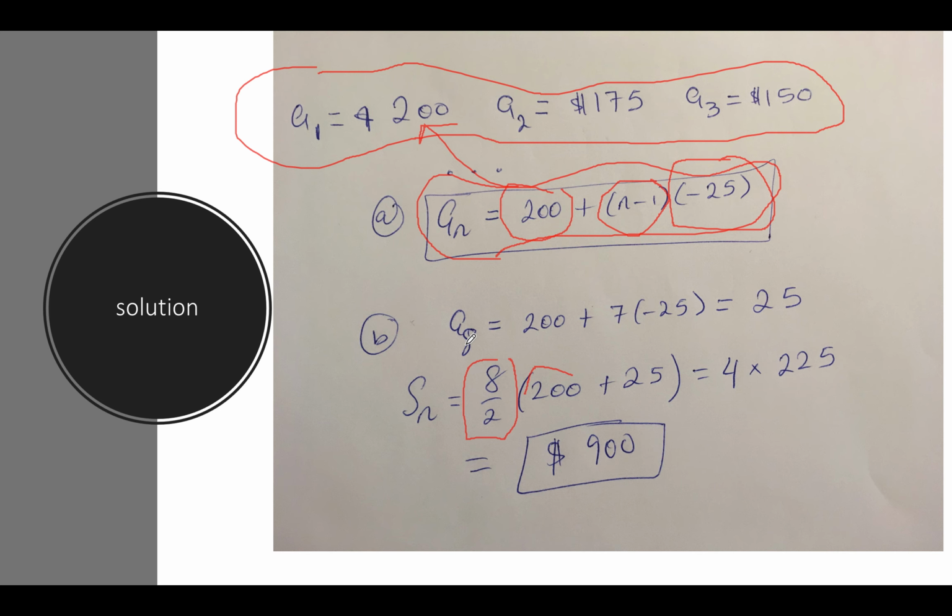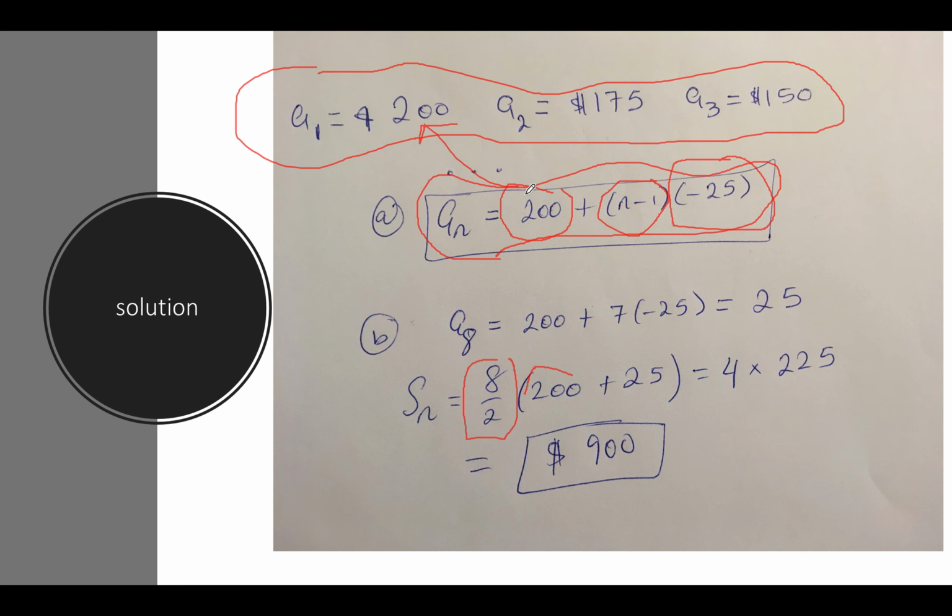The way I knew this is I went down by 25 each time from 200 to 175, then to 150, then to 125, and then to 100. So I went all the way down till I got to the last one, and then I realized that's it, there are only 8 elements.